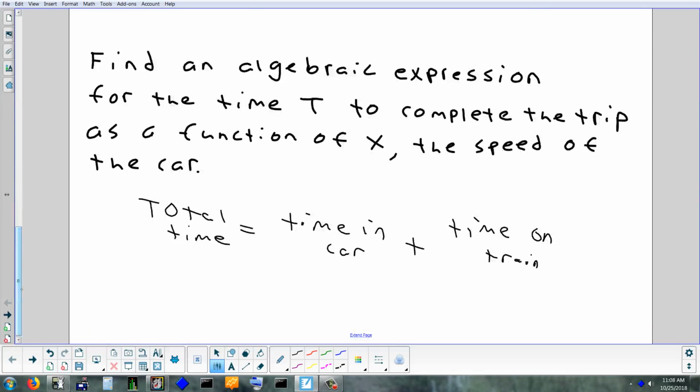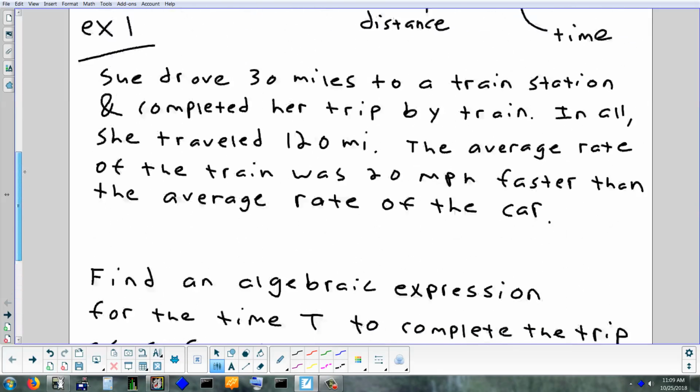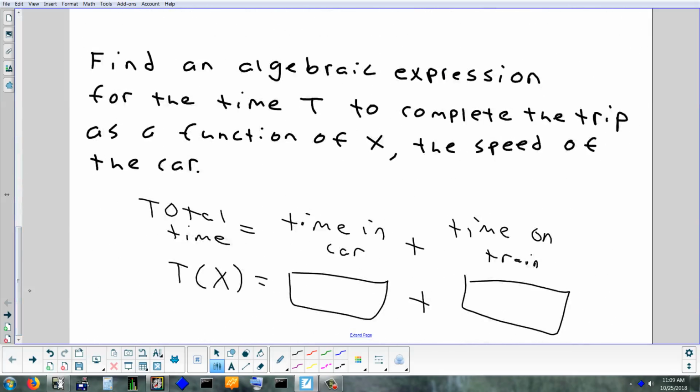Now we want to figure out how we write those out. We'll call this t of x. Remember, x is how fast she's going in the car. We're going to have a time here and a time here. If I rearrange my distance formula, distance equals rate times time, and solve it for t, what would that look like?